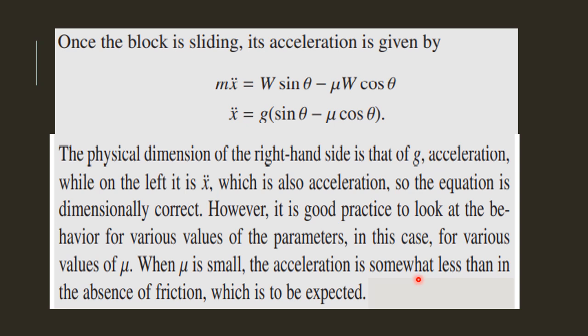The acceleration will be somewhat less than in the absence of friction, which is to be expected. If mu is very high, we expect the motion to be in the upward direction. The block will start to move upward. That will be the second case.